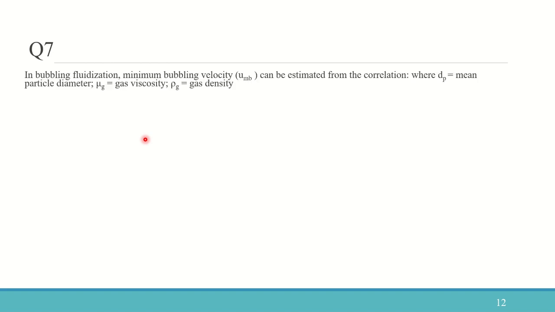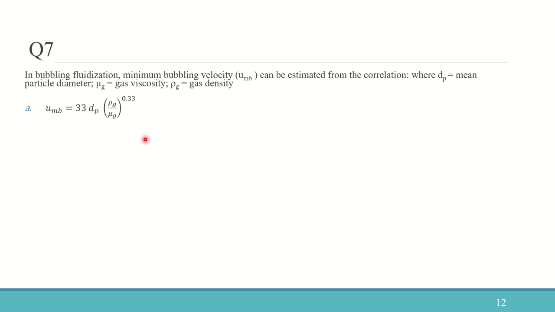We'll go to question 7. In question 7, it is asked that in bubbling fluidization, minimum bubbling velocity can be estimated from the correlation, where dp is the diameter of the particle, rho g is the gas density, and mu g is the gas viscosity.